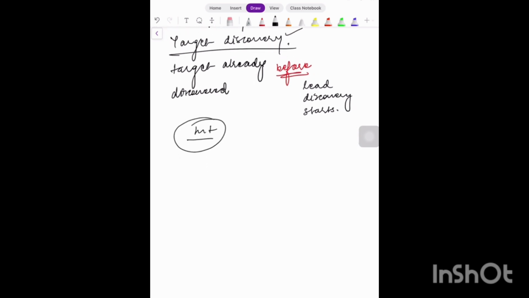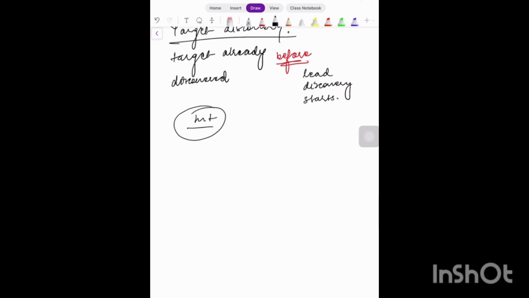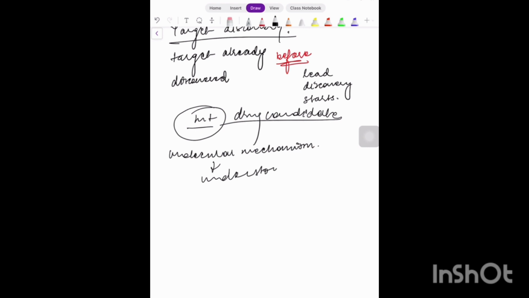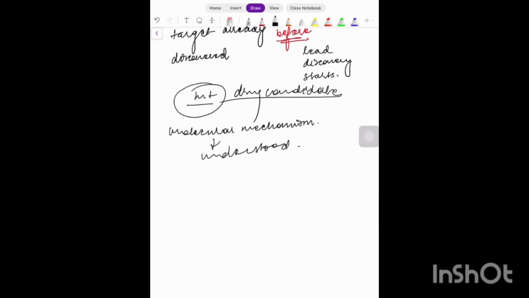The fact that knowledge of a drug candidate's molecular mechanism is understood from the offset is a key advantage over phenotypic approaches, and target-based methods are typically easier to carry out.